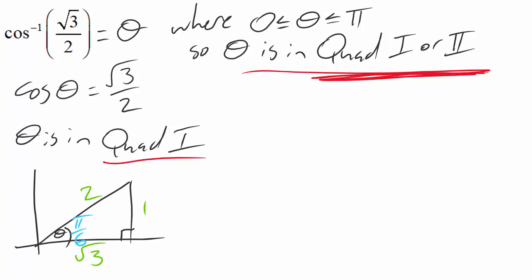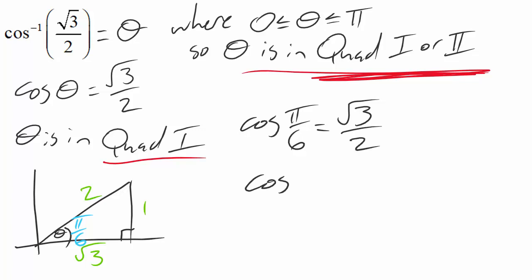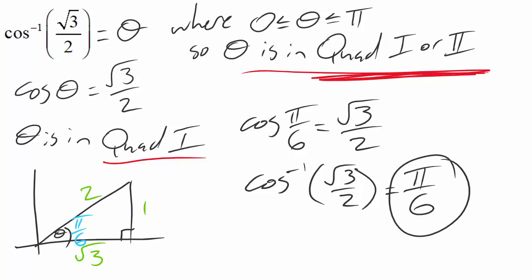As luck would have it, the cosine of pi over 6 is in fact positive square root of 3 over 2. So that means the inverse cosine of positive square root of 3 over 2 has got to be equal to that pi over 6. And so that's our answer.